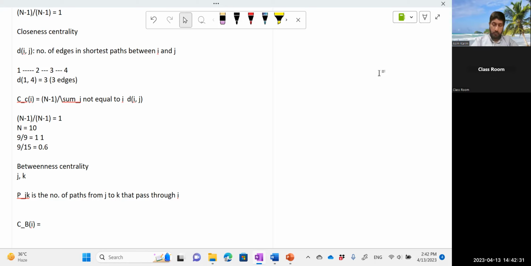So P_JK divided by the sum of the distance to J to I. So there has to be the number of paths that pass through I. Sure. I think it doesn't need the distance.